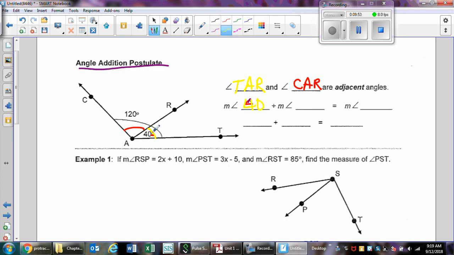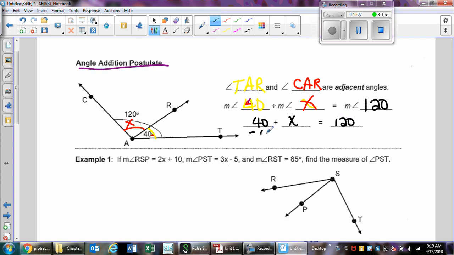And then the red one, I don't know what it is because the 120 is for the whole thing. So for the red one, I'm just going to label it as X. I don't know what that is. So this is my X. Okay. And then the whole thing, which is the black one, is 120 degrees. So what we need to do is the measure, which is 40 plus X equals 120.